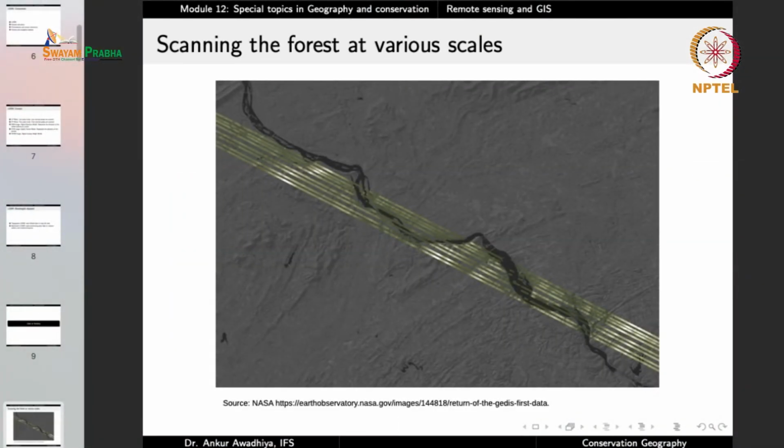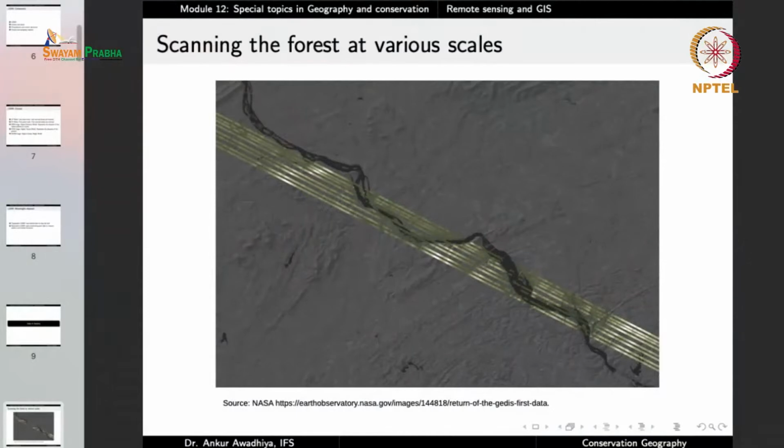These days we are making use of scanning that is being done from space. So in the International Space Station, there is a LiDAR probe in the name of GEDI experiment that has been installed, and with that now we can have information about the DEM and DTM of all around the earth.